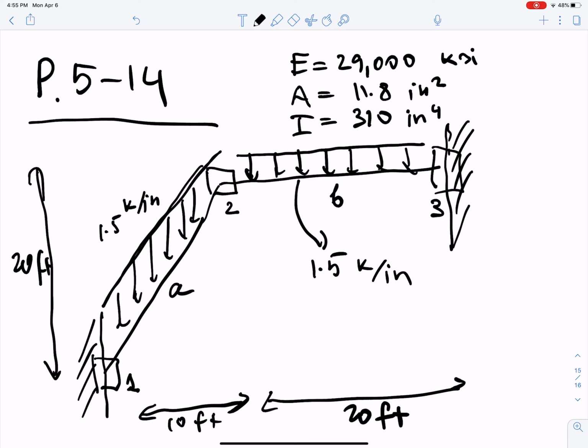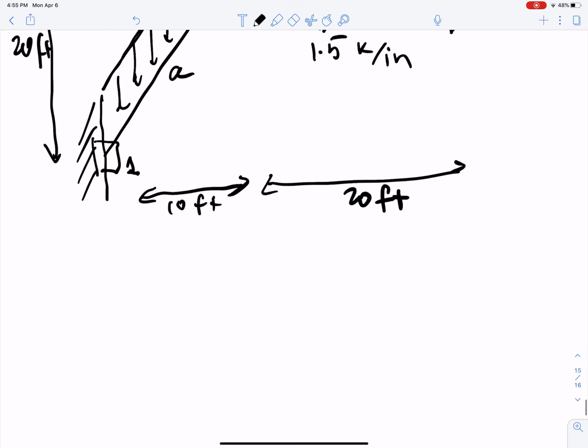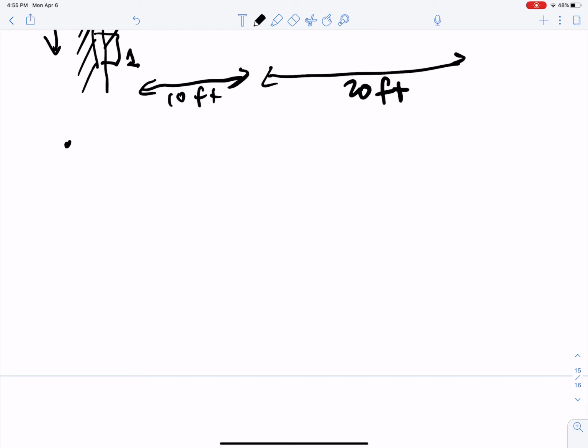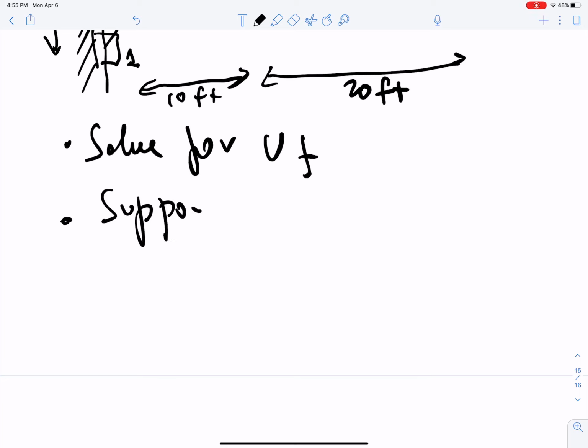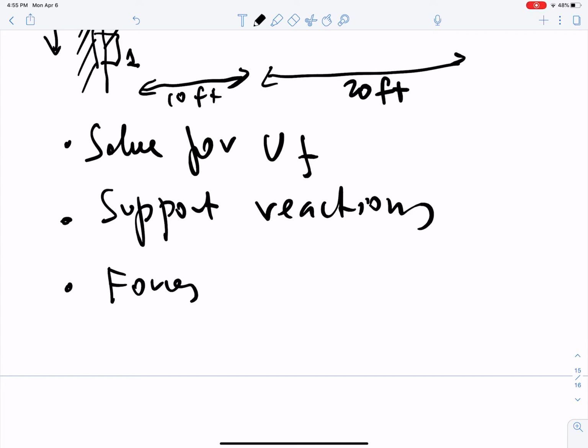And of course, what we'd like to do is resolve the structure. We're going to solve for the displacements UF, look at support reactions, and look at the distributions of forces and moments.